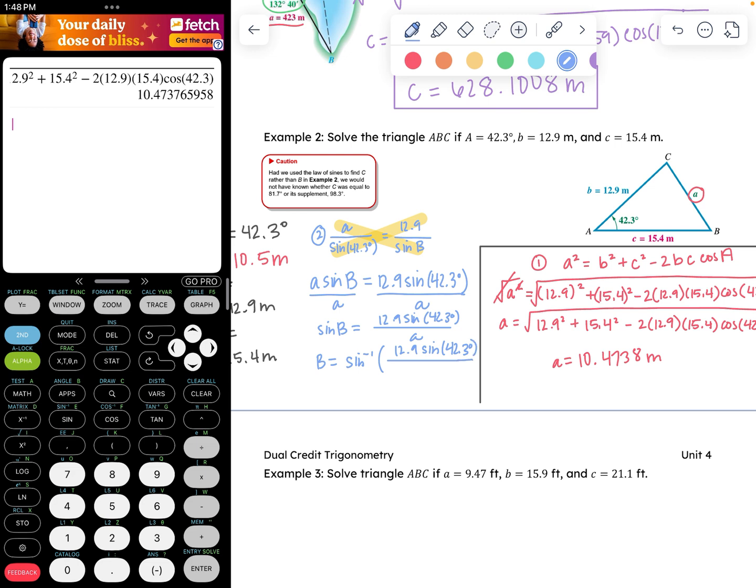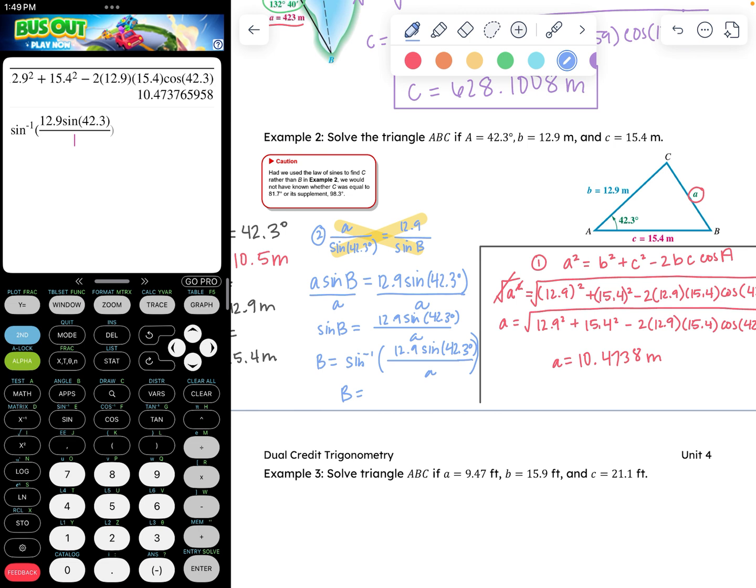And then this is where we're going to do kind of what we talked about last class period to make sure we're getting the most exact answer possible. I'm going to use my calculator to help me make sure I'm using the exact value for A. So I'm going to do inverse sine, and then 12.9 sine of 42.3.